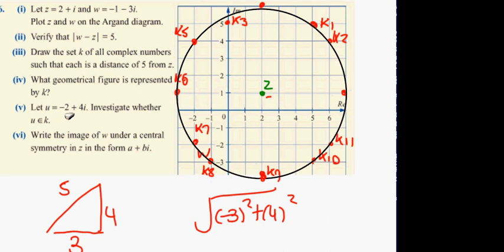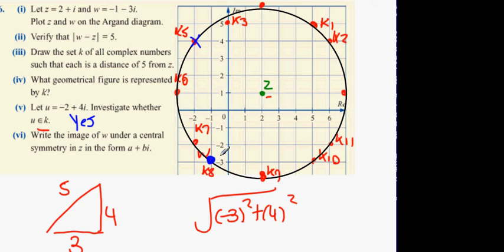Let u be minus 2 plus 4i. Investigate, lads. Do you understand what it means by K? K is a circle. Is this point on the circle? Minus 2 plus 4i. Is it on the circle? Yes. Write the image of w under central symmetry in z. w is located here.